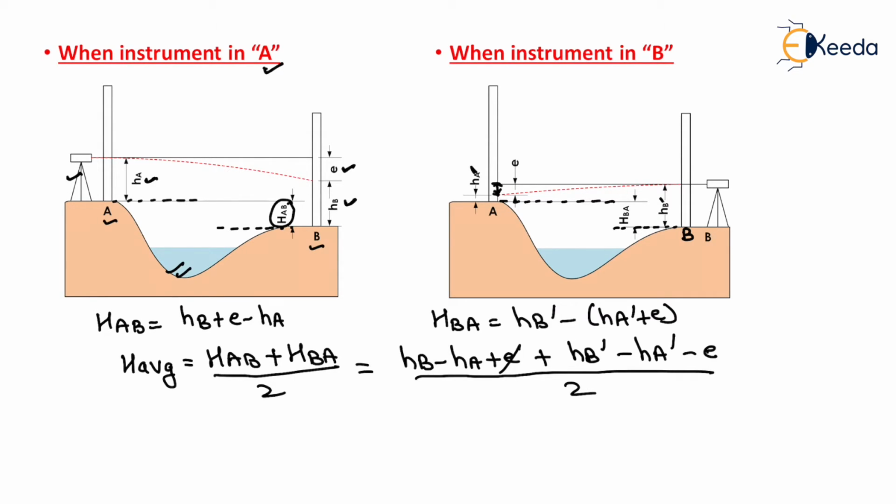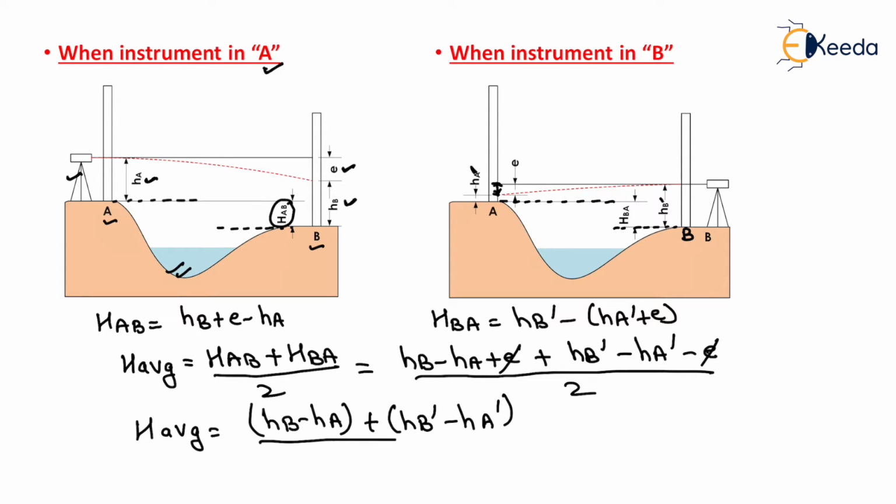The plus E and minus E cancel out and we get H average as HB minus HA plus HB dash minus HA dash, divided by 2.